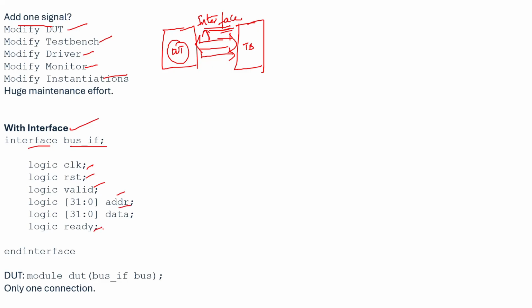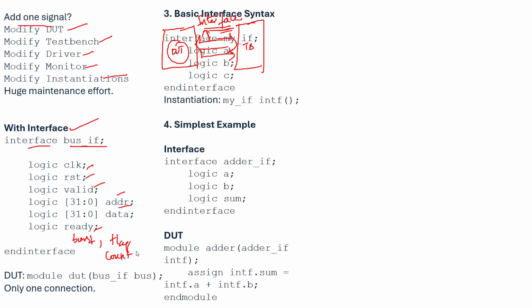Suppose you want to add some burst signal, or a flag signal, or a count signal. The entire DUT would need to change. But I'm not changing the entire DUT here, only the interface. If I want to add the signal in your DUT, you can add it and then add it in the interface also. Only one interface handle I'm passing.